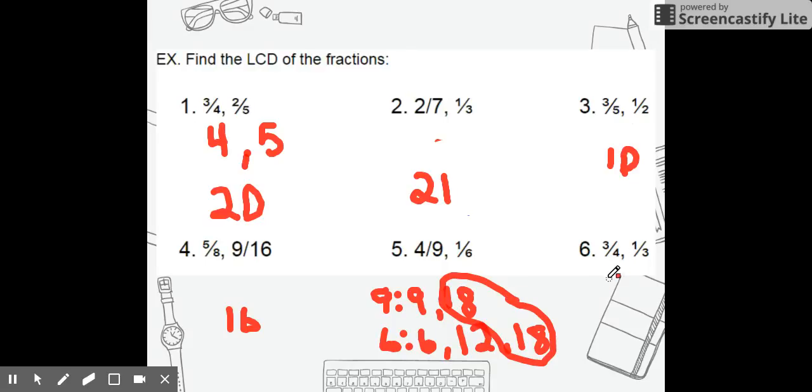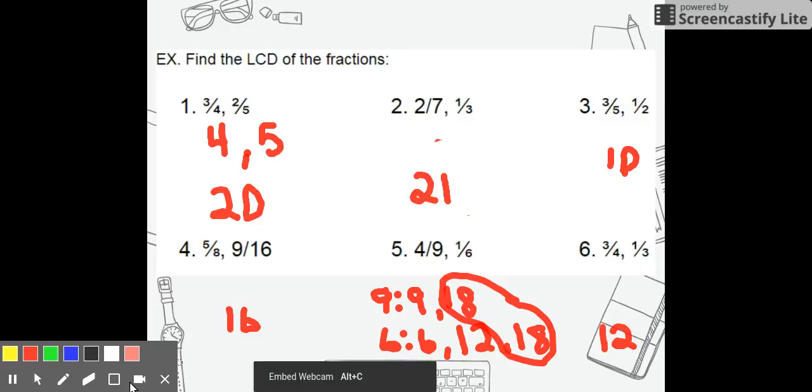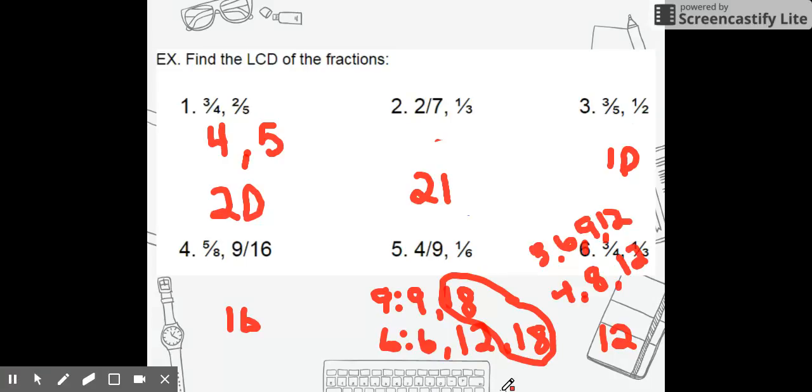Here, 4 and 3, if you just multiply those together, you would get 12. And also, if you were to make a list, you have 3, 6, 9, 12, 4, 8, 12. So you can visually see that the LCD is 12.